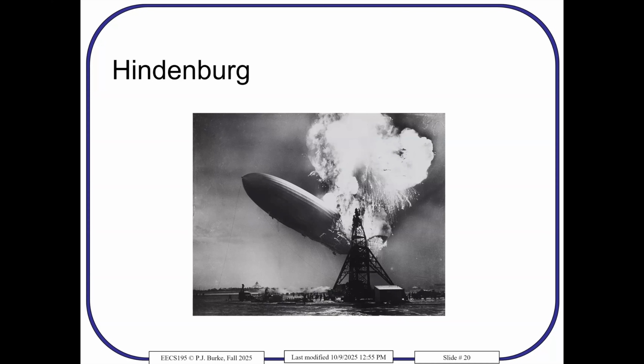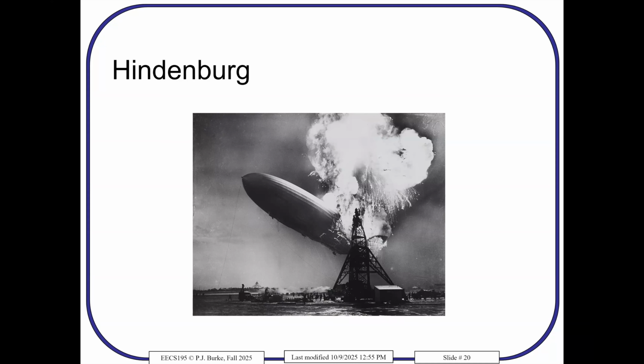So what happened is it flew from Germany to New York City. They were about to connect it to the mooring station, and there was a spark because of static electricity, and the rest is history. We don't want that for our drones.